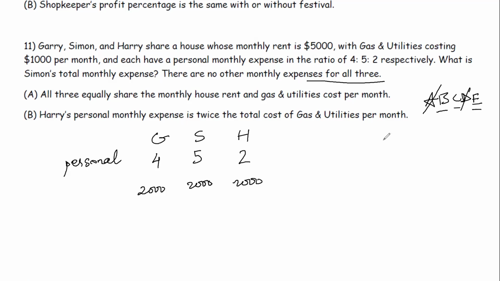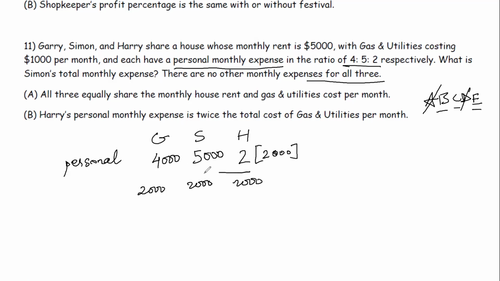Harry's personal monthly expense is twice the total cost of gas and utilities per month. So now we know that the personal expense of Harry is 2,000 because it is twice gas and utilities. Now, this is the ratio that we have. If 2,000 is 2, then clearly 5,000 is 5, and clearly 4,000 is 4, correct?